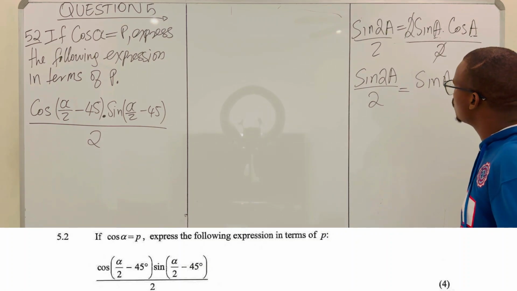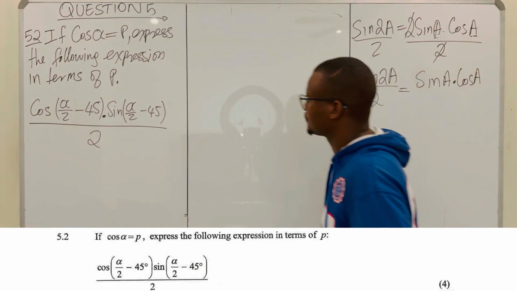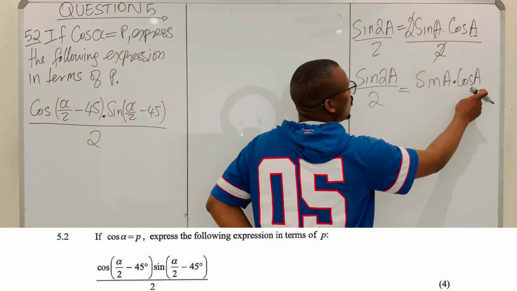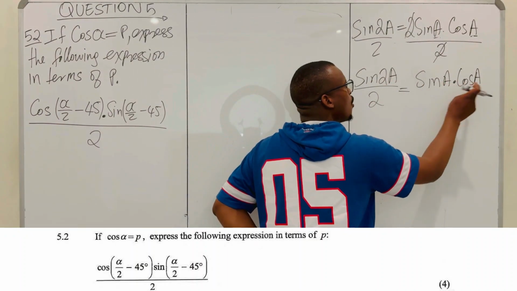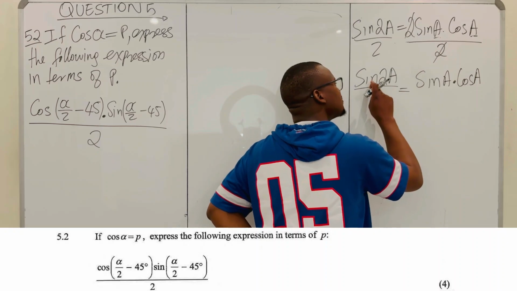So let's have this side. Instead of having these two, we can just have the sine of double those two angles, so sine 2A.